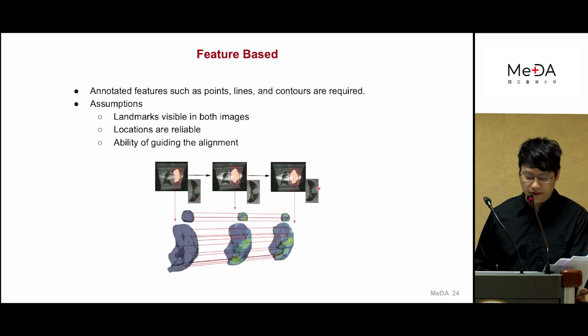Features must meet specific assumptions. They should be landmarks visible in both images, their locations are reliable, and they have the ability of guiding the alignment.